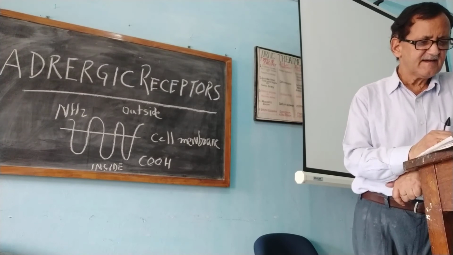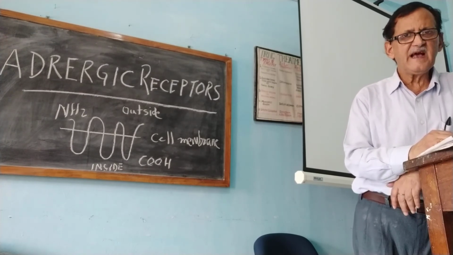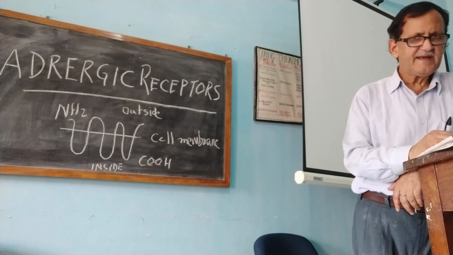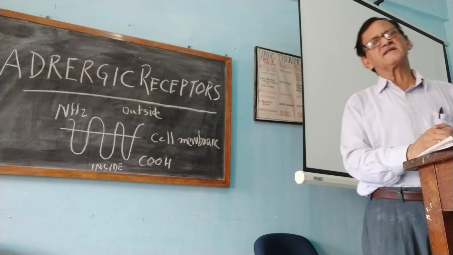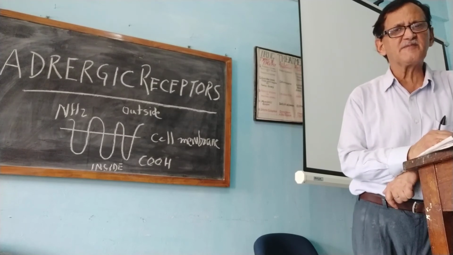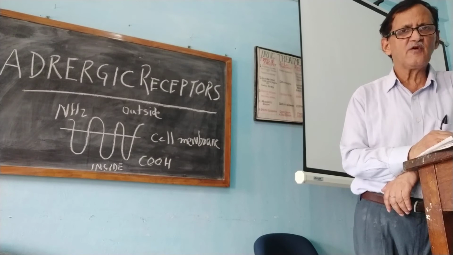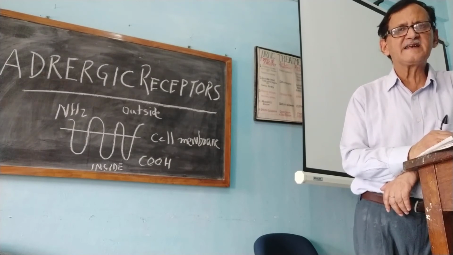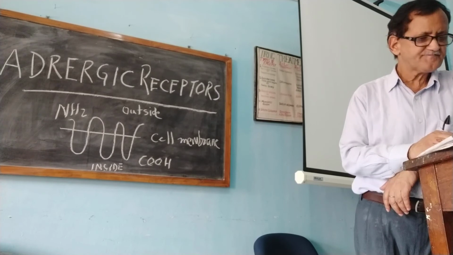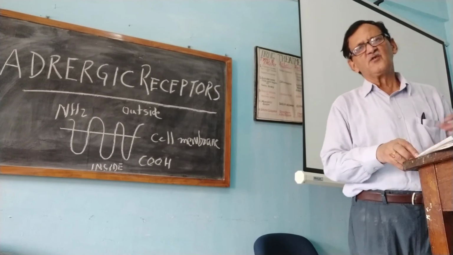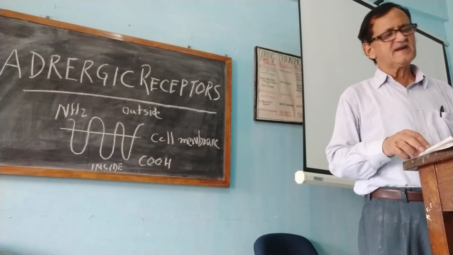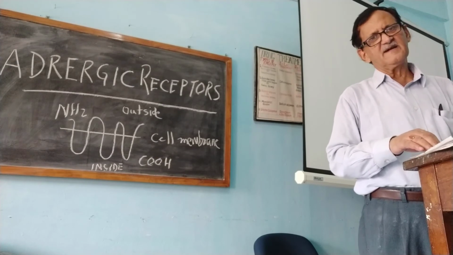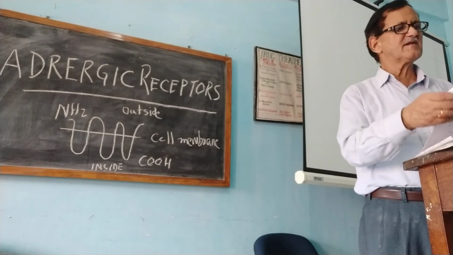And another, a new drug, is mirabegron. Mirabegron is nowadays used for treatment of overactive bladder. It stimulates beta-3 receptors on the bladder. You will see patients who keep on passing urine frequently, and when it is diagnosed as overactive bladder, mirabegron can be used for the treatment.